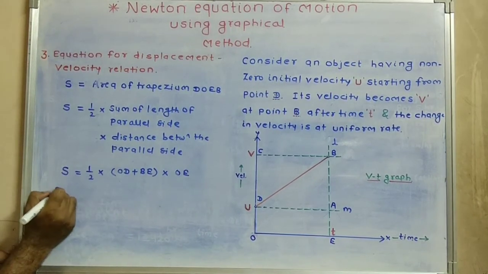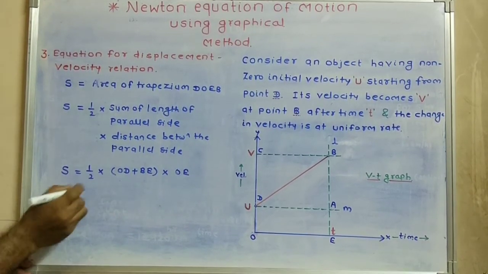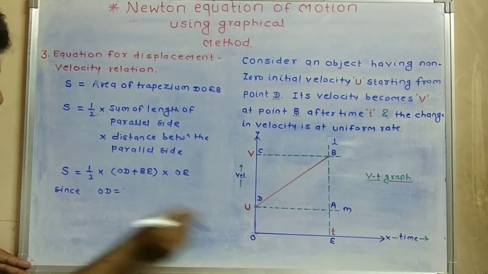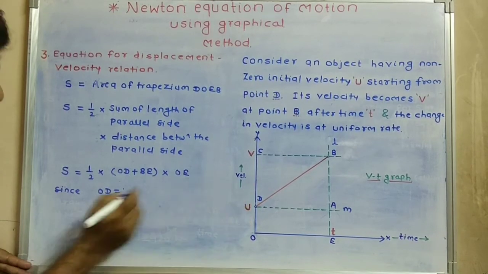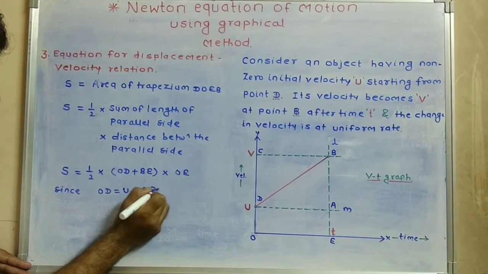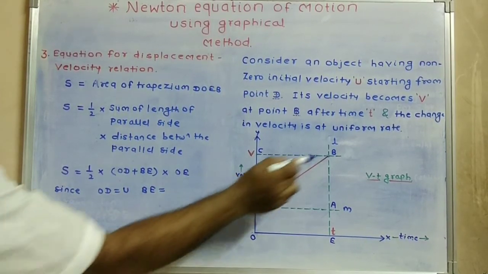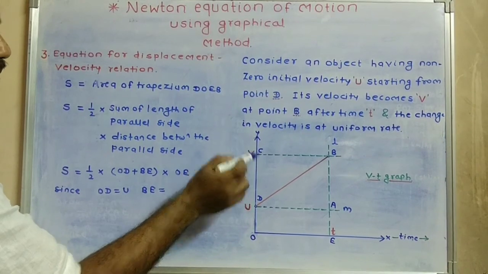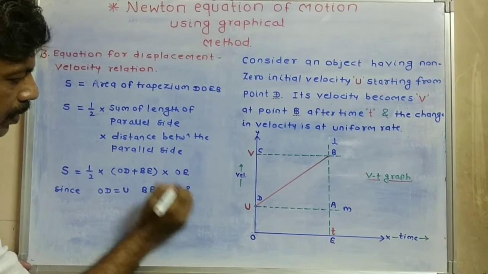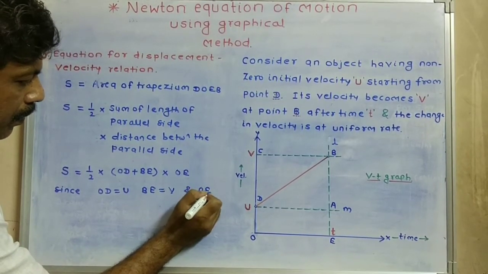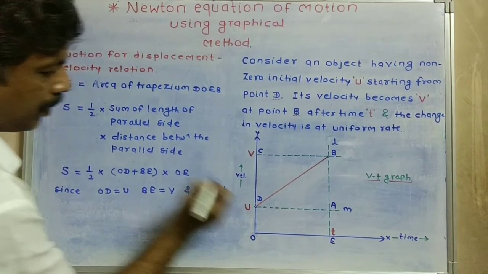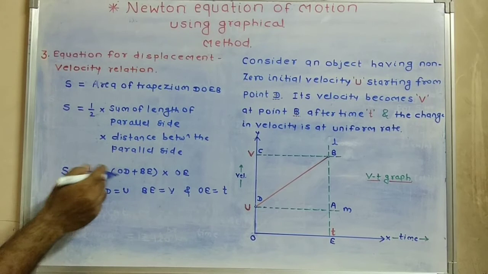Now, what is the value of OD? OD, look at here, OD means U. What is the value of BE? Where is your BE? BE means OC, that is equal to V. And what is the value of OE? OE means T. Now put all these values in our equation.